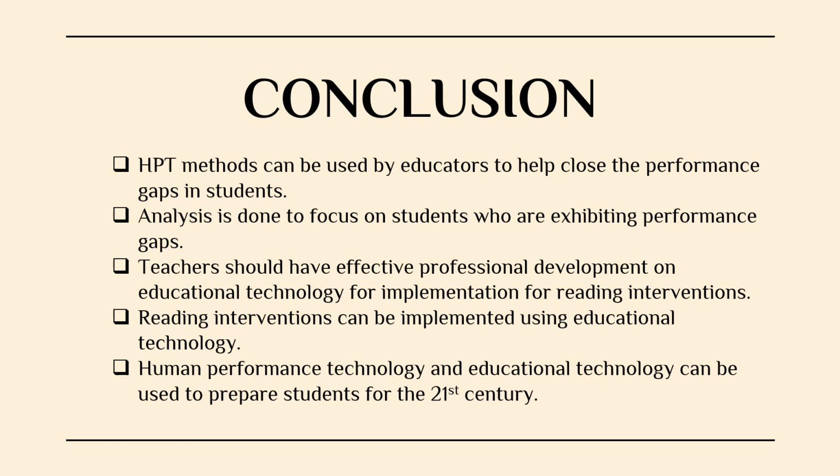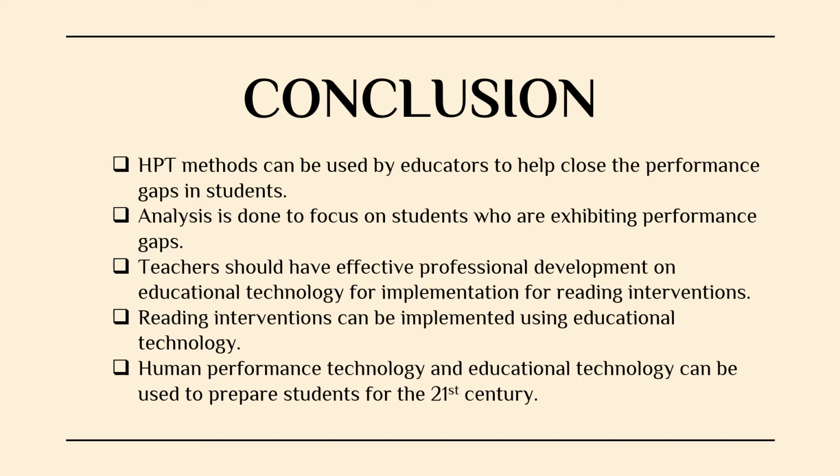And then the results, as mentioned earlier, said that the deficit skills did decrease in students. When we look at the HPT model and how that can be applied, the Ames Web assessments would be helping to identify that worker, the environmental analysis, and then the performance gap.